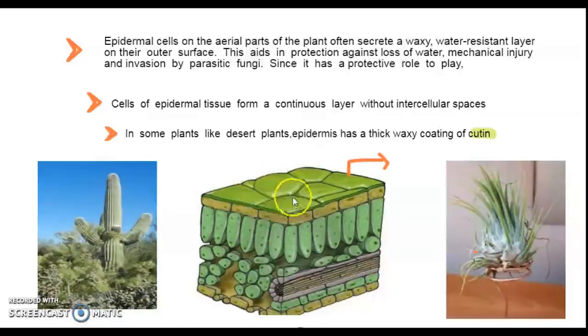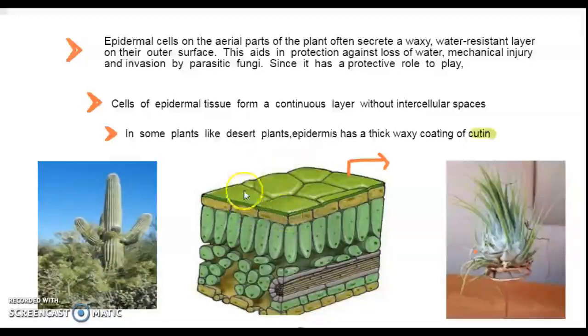As you know, over the epidermal cell, there are stomata. What is the function of stomata? To take in and give out water. So that the plant does not lose water, these epidermal cells secrete a waxy layer. What does the waxy layer do?